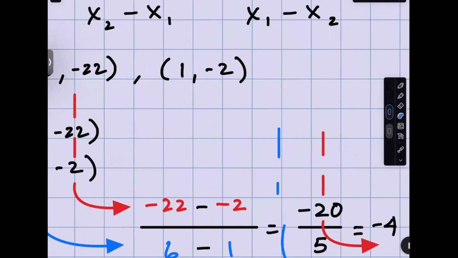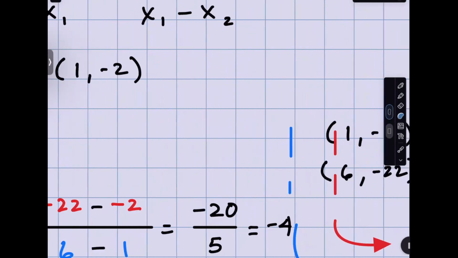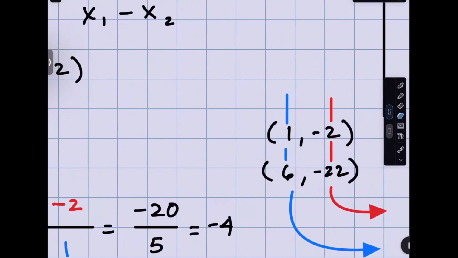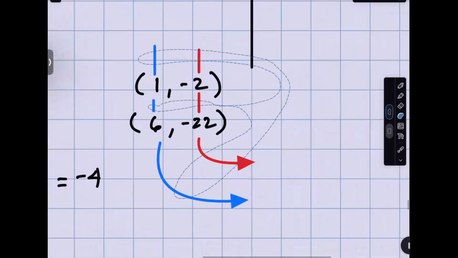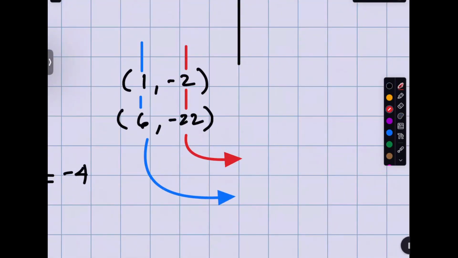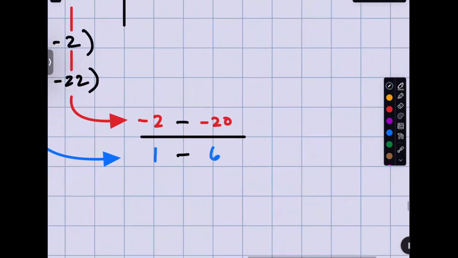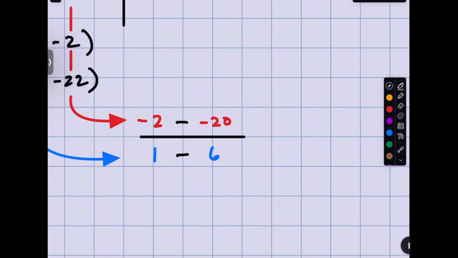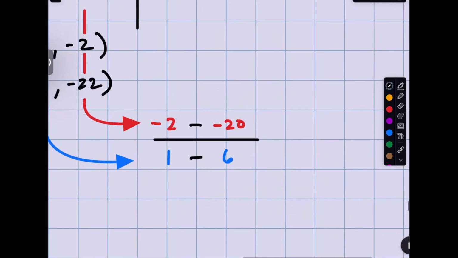Okay, I got negative 2, negative 20, 1, 6, oops, wrong colors, 1, 6, subtract, subtract, divide. What's negative 2 minus the negative 20? Or hence, negative 2 plus a 20. I'm sorry, that was 22, dum-dum.